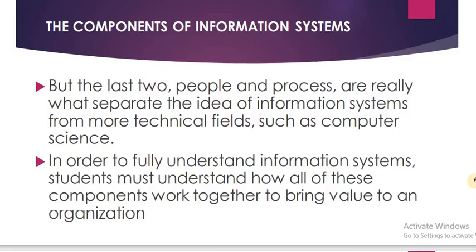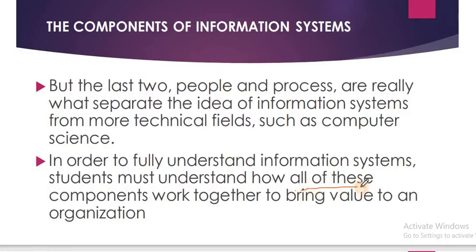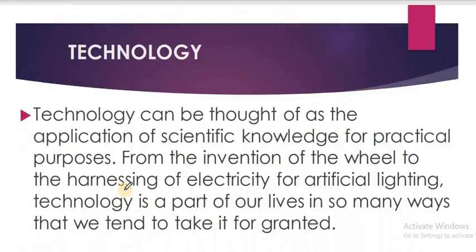In order to fully understand information systems, students must understand how all these components work together to bring value to an organization. So we are going to explore more on how these 5 components work together to bring value to an establishment. Are we together?